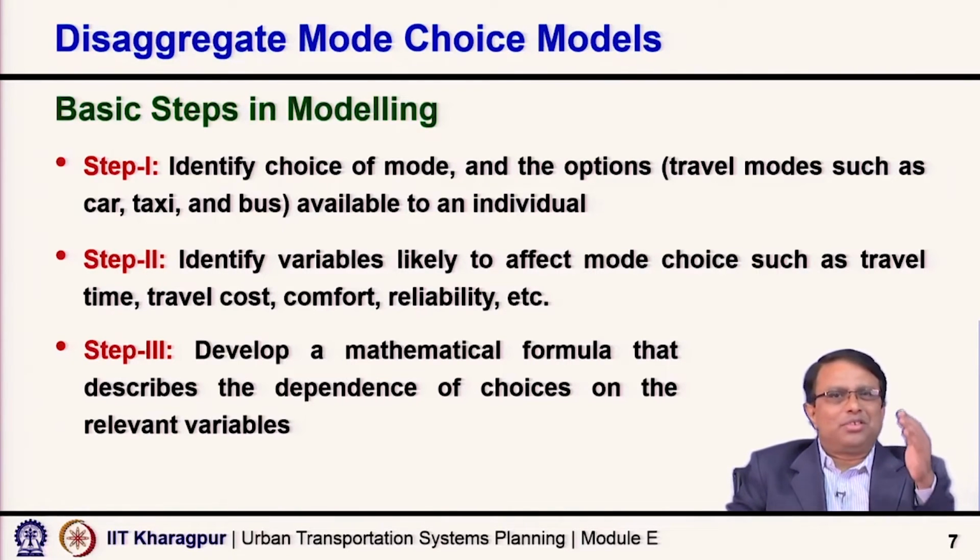So, that is step 1, step 2 and step 3 of the modeling process. First identify the choice and the alternatives, then what the variables of all these alternatives are that are likely to influence the choice, and then try to connect the decision or the choice to the alternatives available and their attributes or levels.